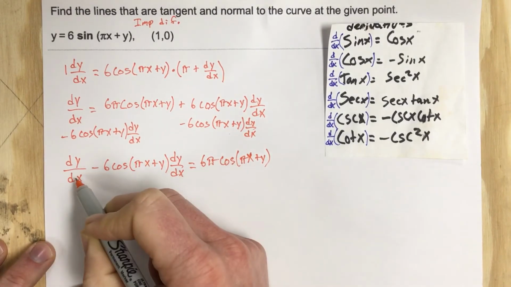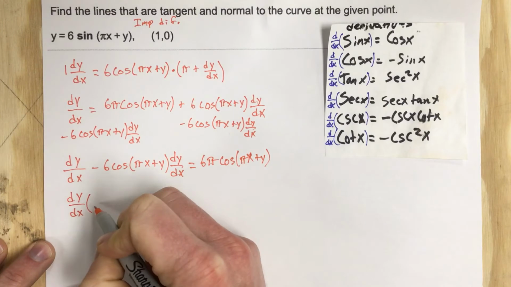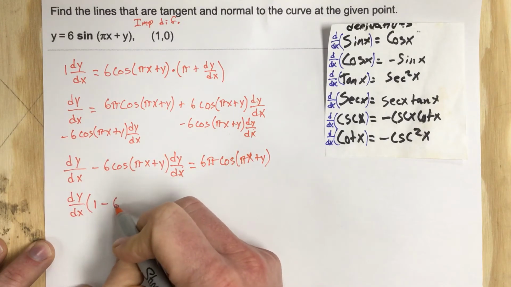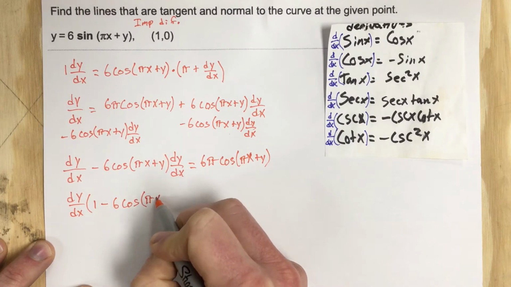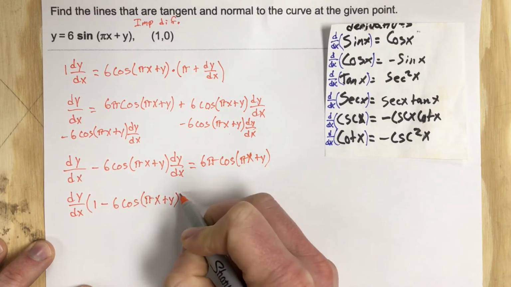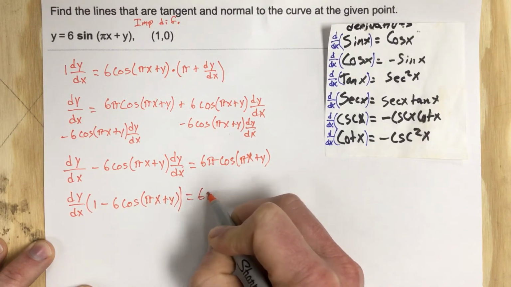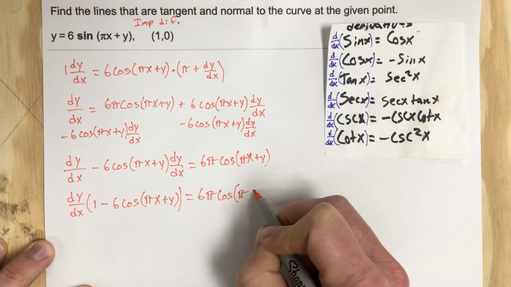Let's factor dy over dx out, so we end up with dy over dx times 1, because that's what's left when you factor out dy over dx, minus 6 cosine pi x plus y equals 6 pi cosine pi x plus y.